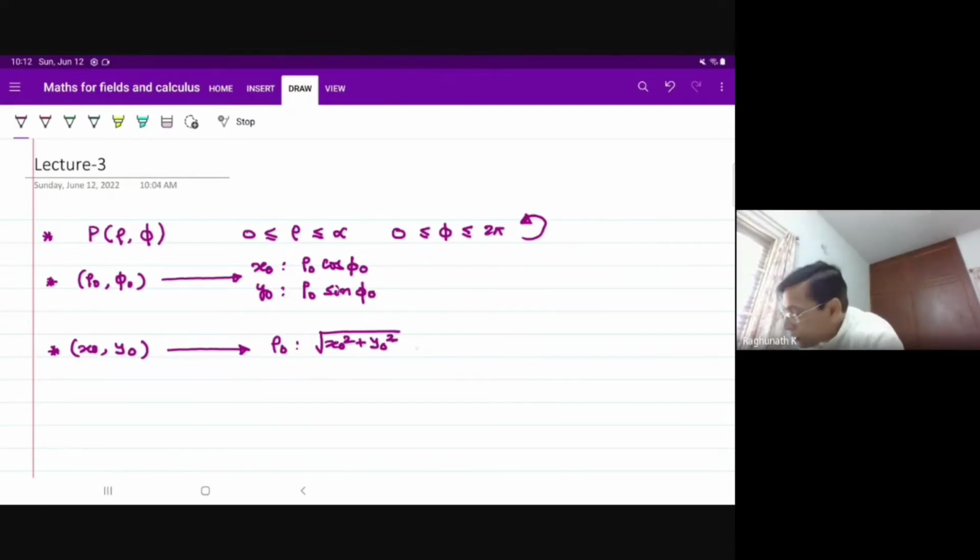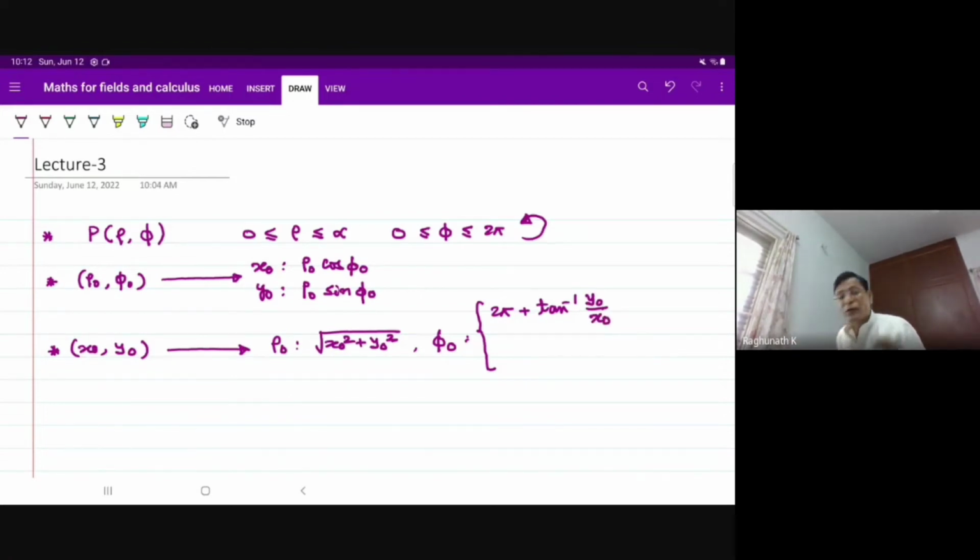But when it comes to phi naught, it is either 2 pi plus tan inverse of y naught by x naught, substituting the values of y naught and x naught with their signs, for x naught greater than 0, x naught positive, and pi plus tan inverse of y naught by x naught if x naught is less than 0.